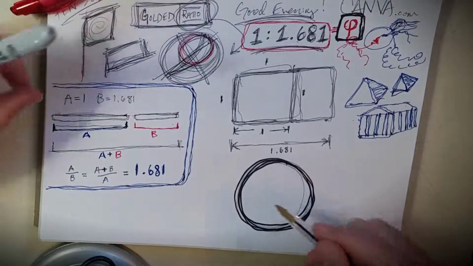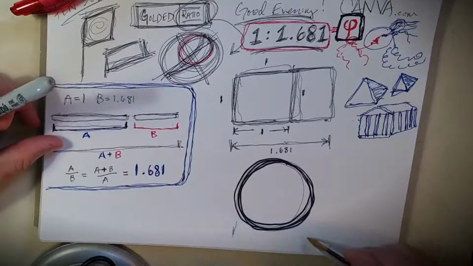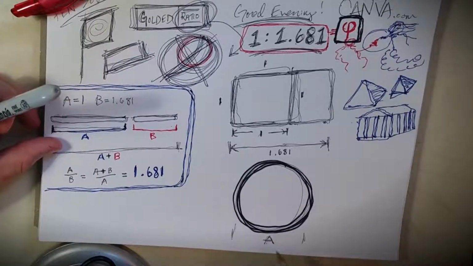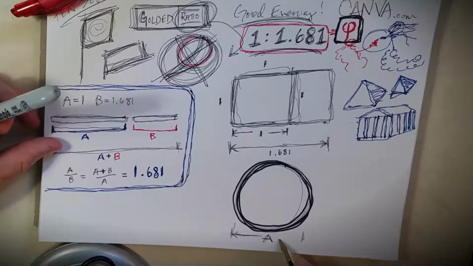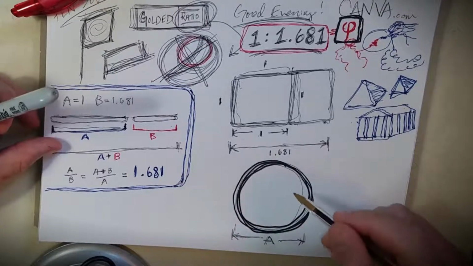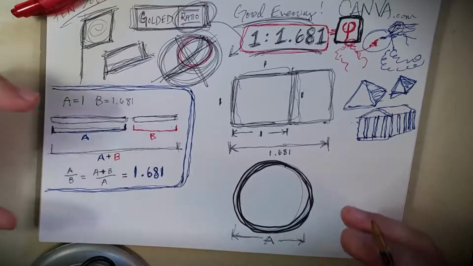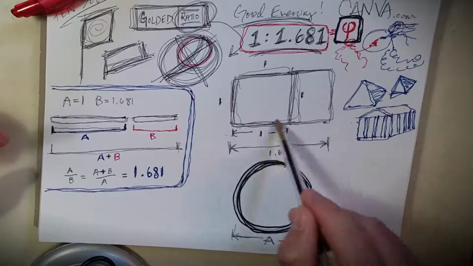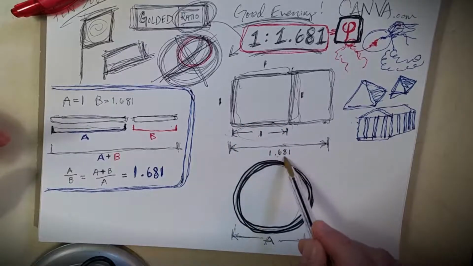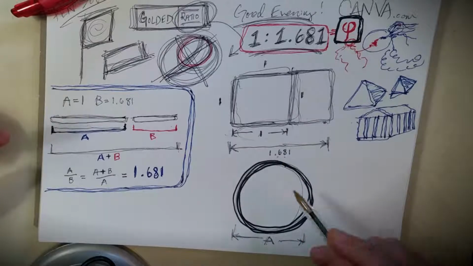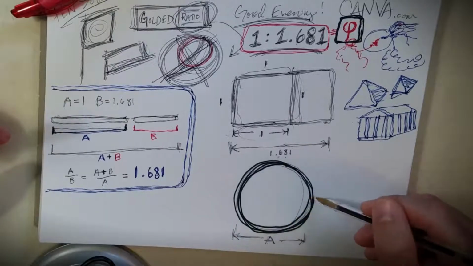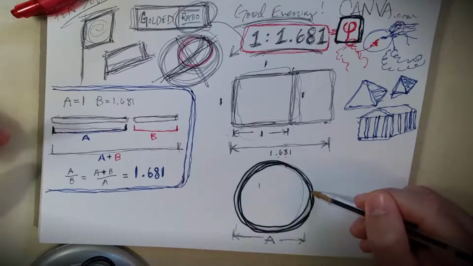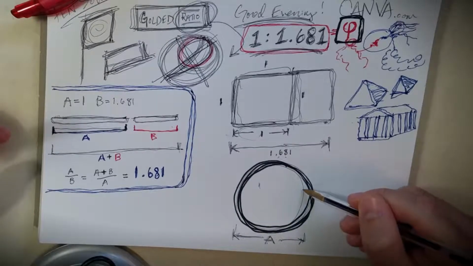Now let's do this. So, if we consider this diameter of this circle to be A, what we're going to use that as A. So if that's our unit, then we take 68.1% or 0.681, and we make roughly not half but just over half. So like right there to there, and well, I guess it would go like that.